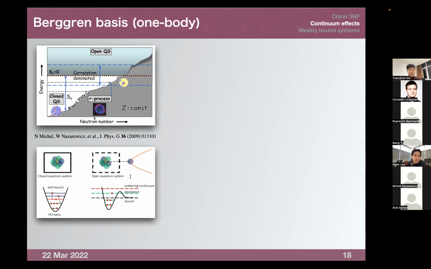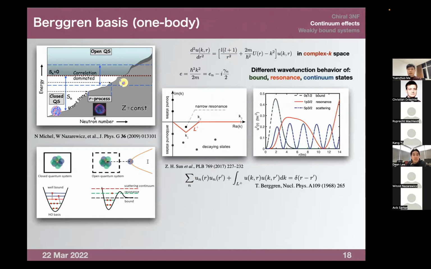According to this idea, the Berggren basis was proposed around the 1970s. It generalized the one-body Schrodinger equation into the complex k-plane, which can create bound, resonance, and continuum single-particle states on equal footing. Of course, different kinds of states have different asymptotic behavior.